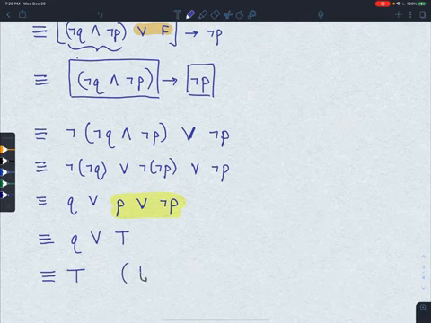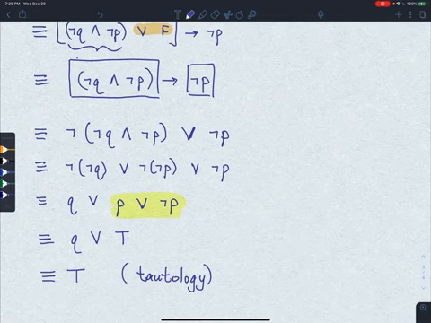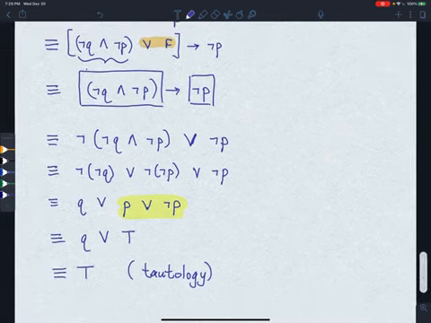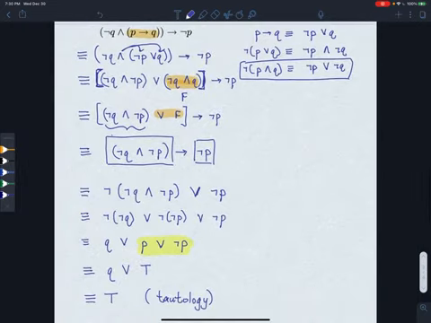That means this original statement was a tautology, because we were able to use valid logical equivalences to get from one step to the next until eventually getting to something that's true. So regardless of what the truth values of P and Q are, that statement is always going to be true. Let P and Q be any statement you want them to be. There it is. That's proving a tautology by using logical equivalences.